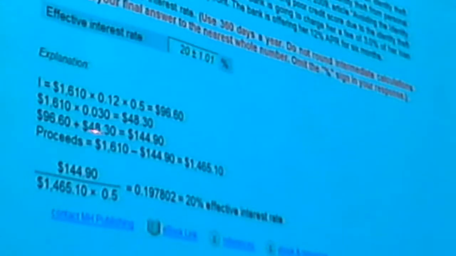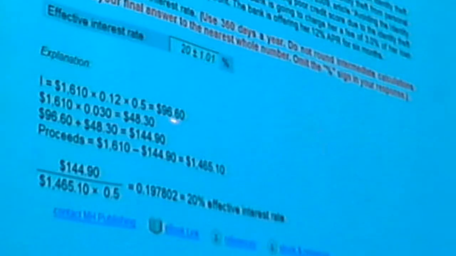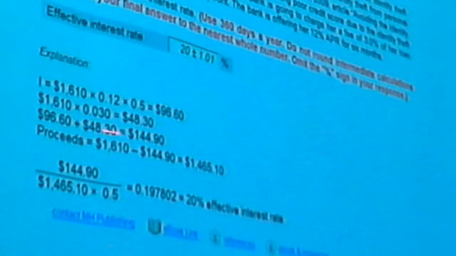In the third step, we add that fee to the interest that we got in step 1. Because the fee, we just bundle it in with the interest, right? So think about all this as your interest, $144.90, and we're going to plug that in right here. Okay, that is the interest.